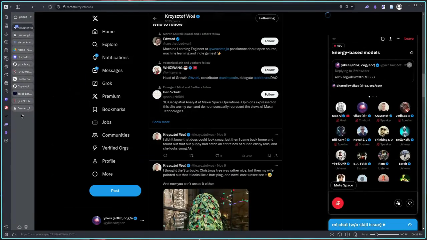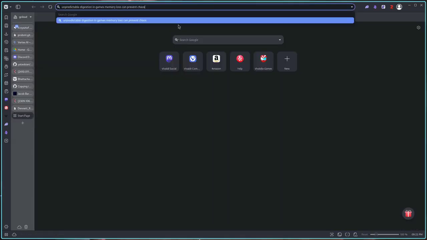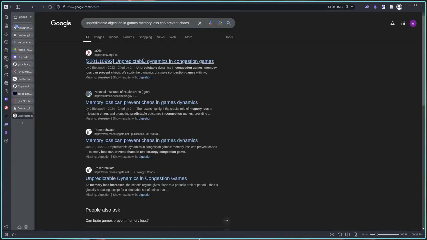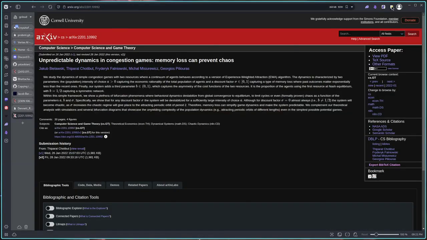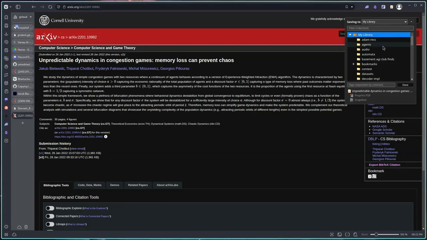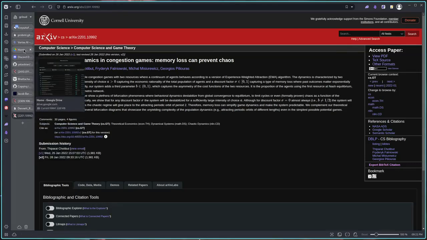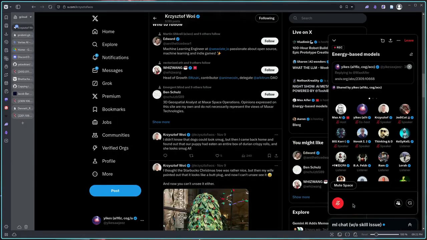If that memory loss parameter is at 0, then you always have chaos, where there are configurations of the game of any period that you want. So you can find arbitrarily long loops that the system gets stuck in. But if you have any small amount of memory loss in it, then you get stability.